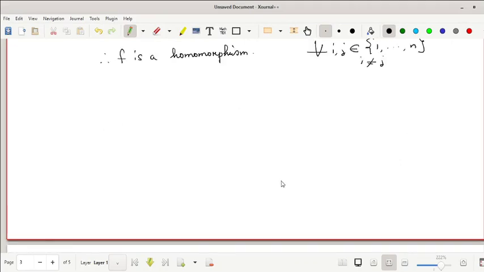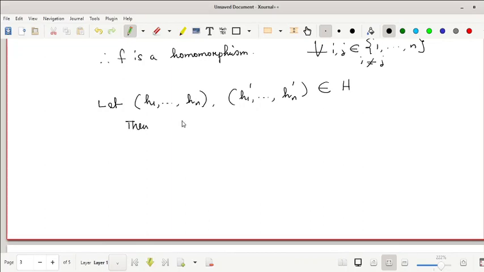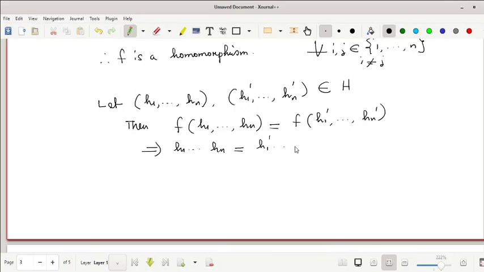Let us prove that this function is one-one. Let (h1, h2, hn), (h1 prime, h2 prime, hn prime) belong to H, then if f of (h1, h2, hn) is the same as f of (h1 prime, h2 prime, hn prime), then this will imply h1 h2 hn is the same as h1 prime h2 prime hn prime.